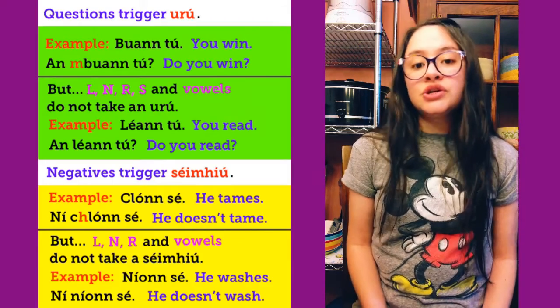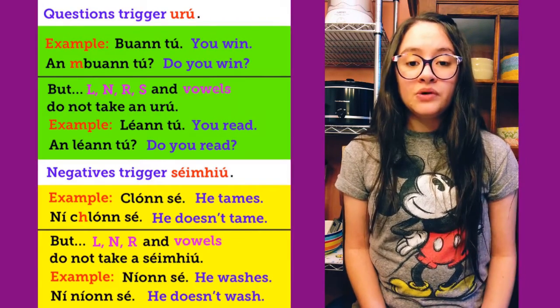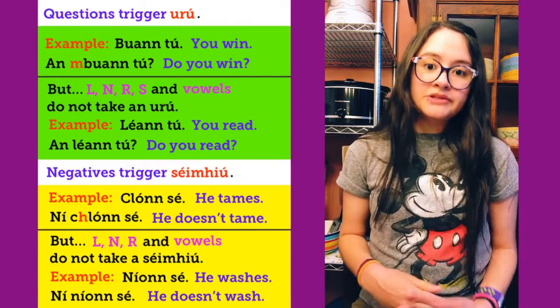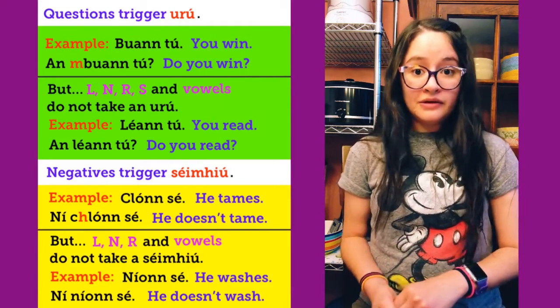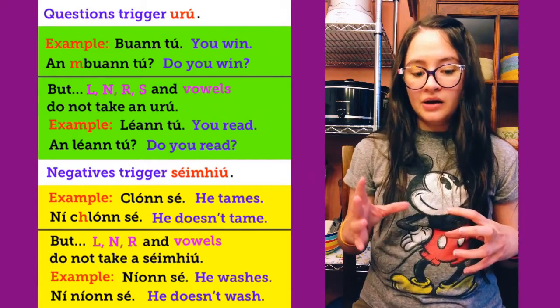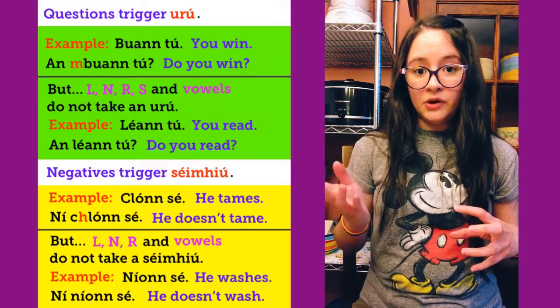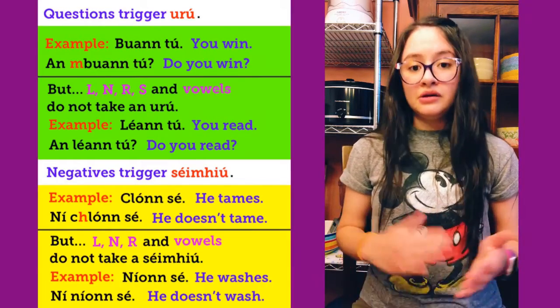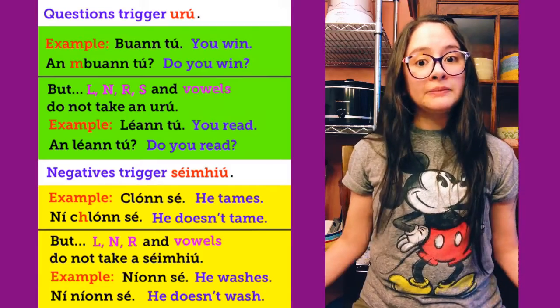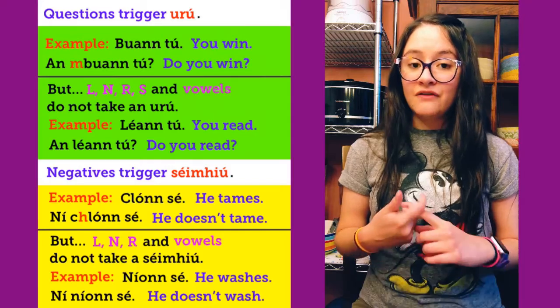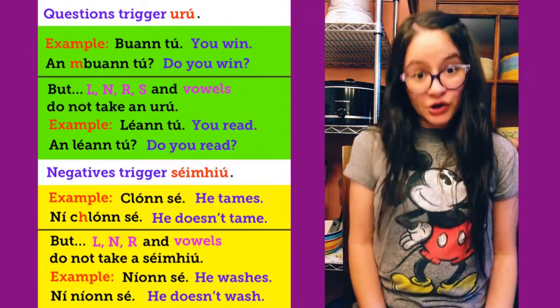But if you ask, do you win, it would be an mbuaitear tú. Because M is the buddy letter for B, if you remember. So we tack that on the front, it takes over the sound. We leave the B to remember what the original verb was, but we don't pronounce the B. Mbuann tú, do you win?